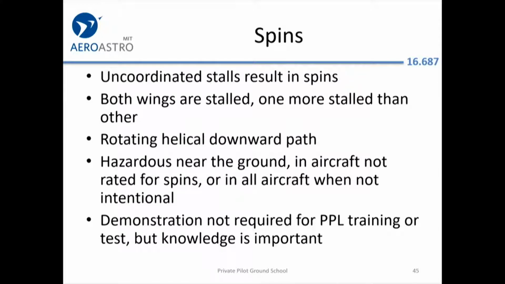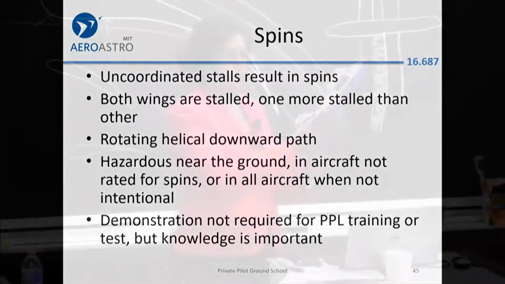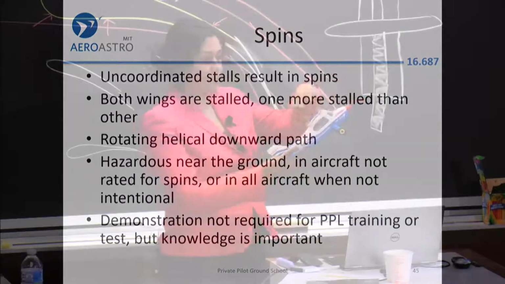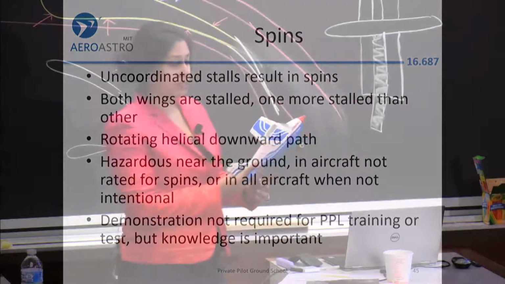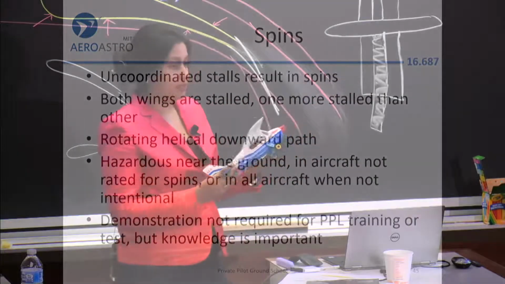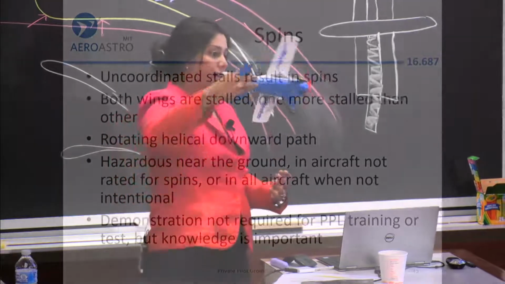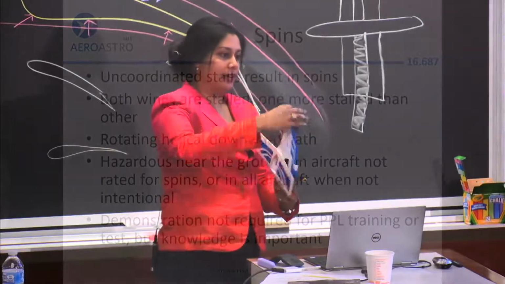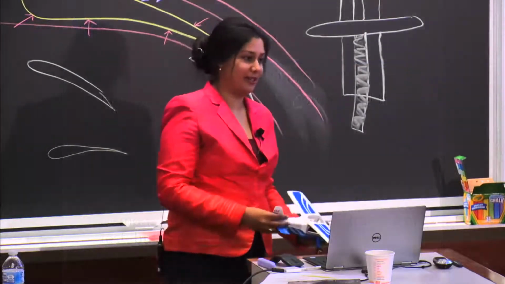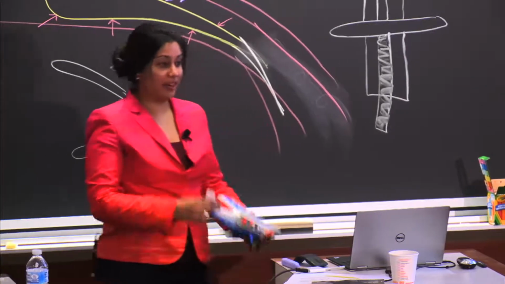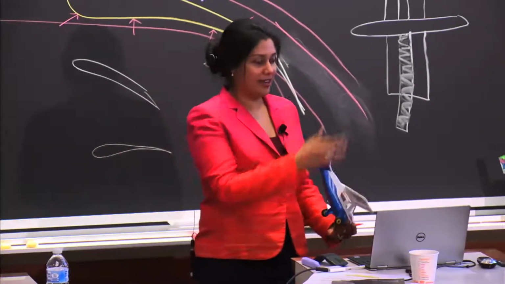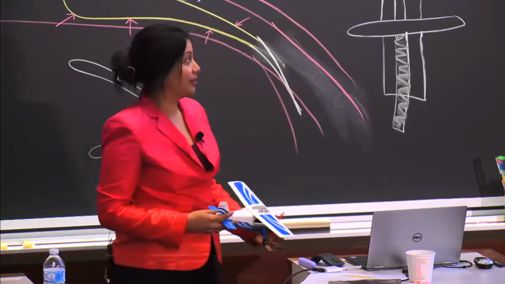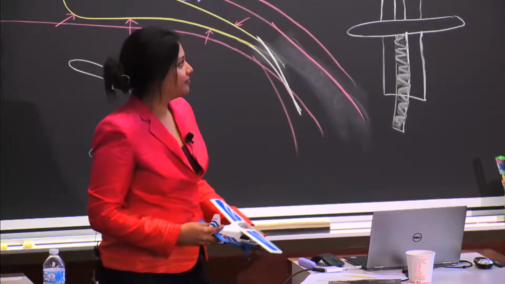And here you can have a situation where both of the wings have stalled, so the airflow has separated over both of the wings, but one may be more stalled than the other. And it causes the airplane to have a very hazardous condition, or an intentional condition if you're Oksana over there and you're trying to spin your airplane to do a fancy trick.